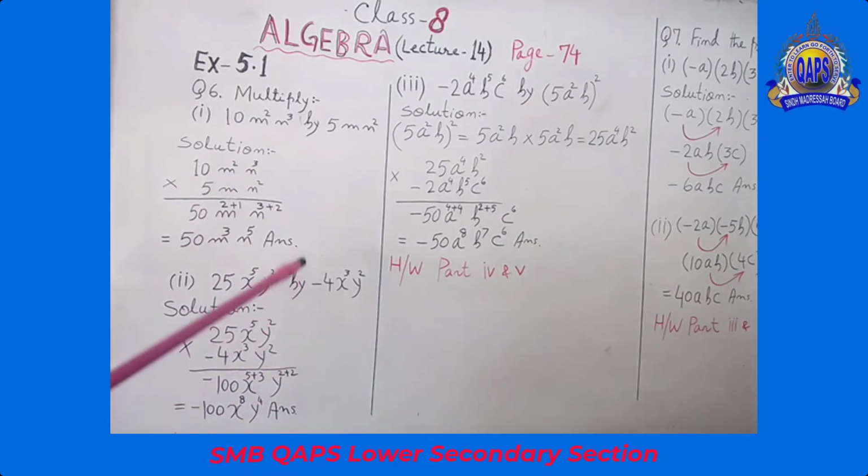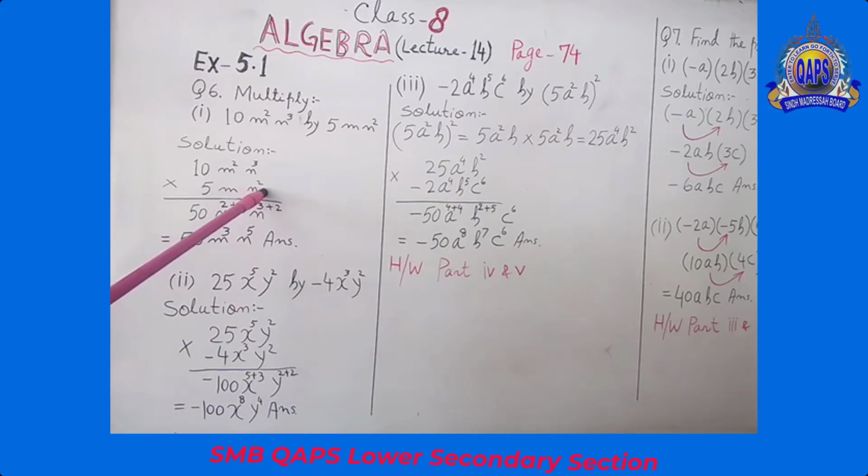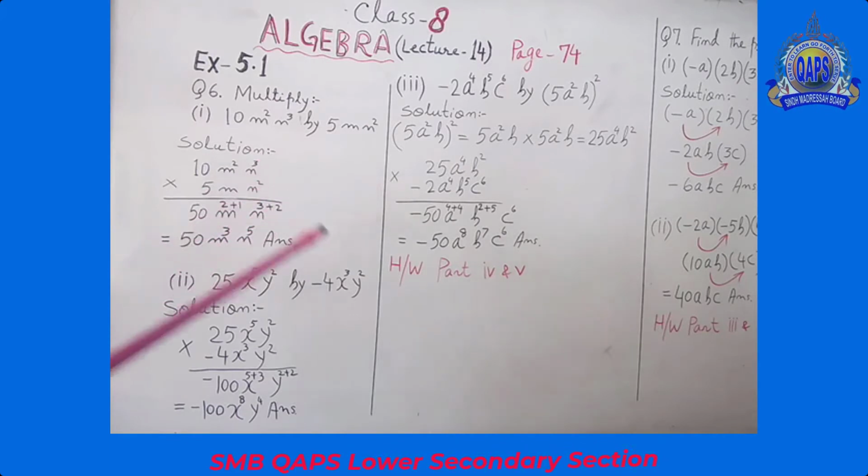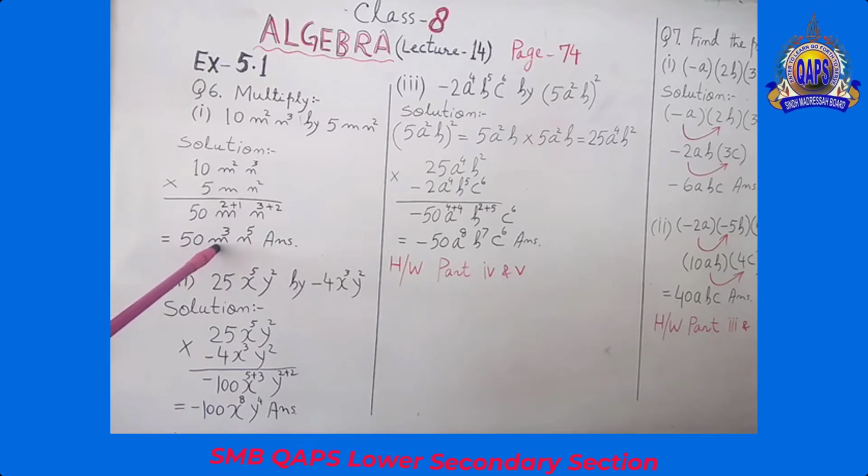Now multiply n power 2 and n power 3. So it will be n power 3 plus 2. Answer will be 50 m power 3 n power 5. That's your answer. Do you understand what I am saying? Concentrate upon this thing over here.